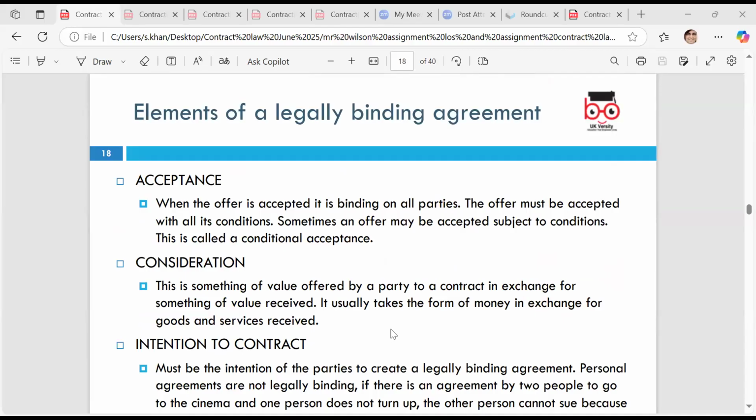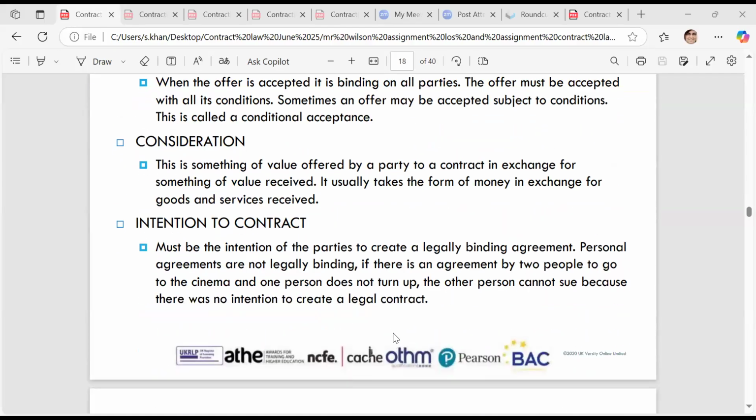So it could be anything in the form of consideration. Intention to create legal relations is where the parties must intend for their agreement to be legally binding, meaning that it can be enforceable at a court of law.